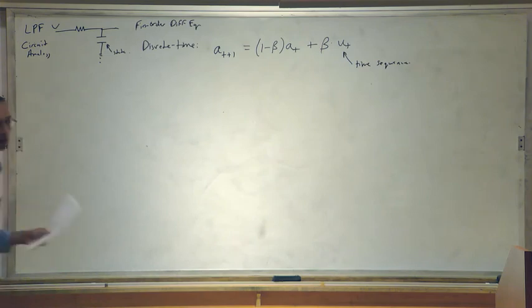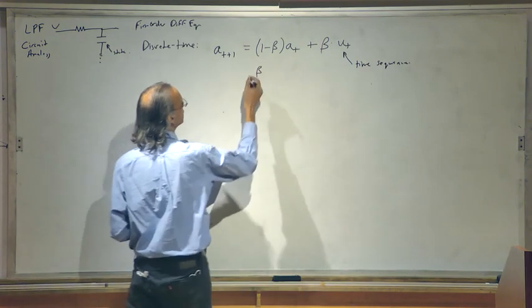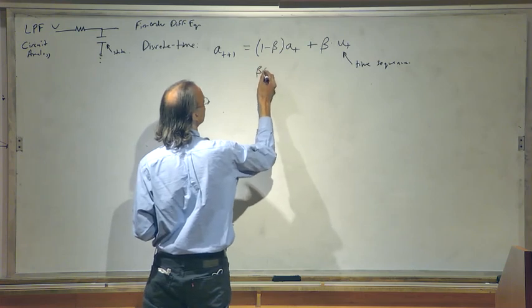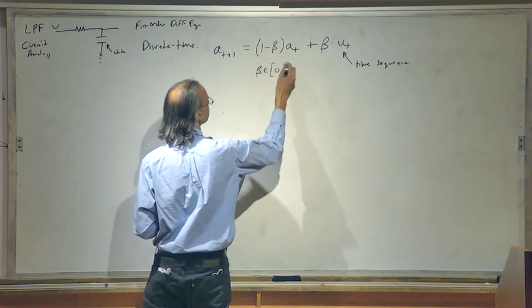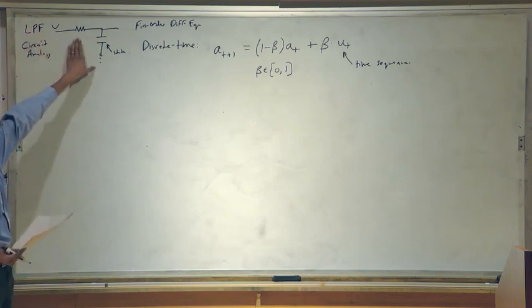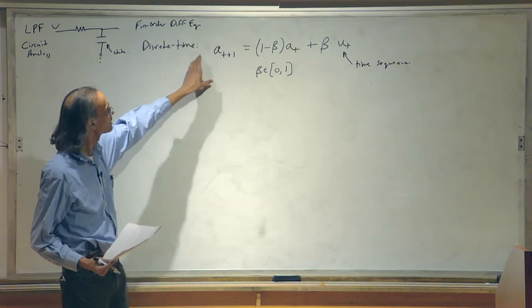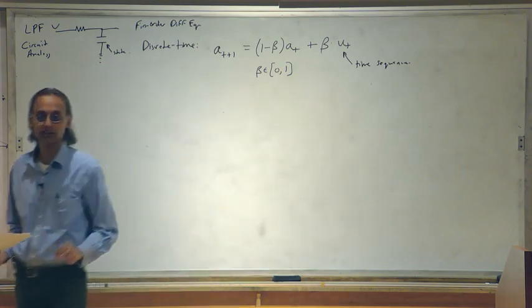Okay. Beta is some number in 0, 1. Okay, so first, even if you don't remember that this is the first order differential equation with low-pass filter behavior, if you look at the discrete time formula, you should see how this is a kind of lazy averaging.